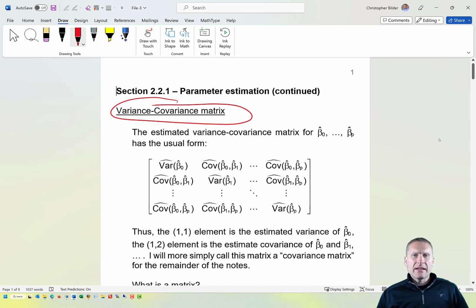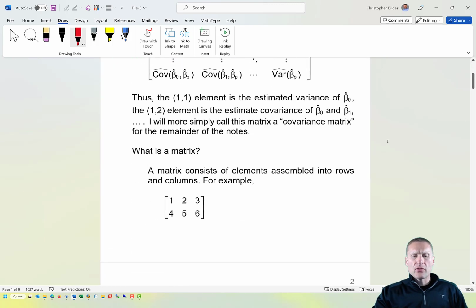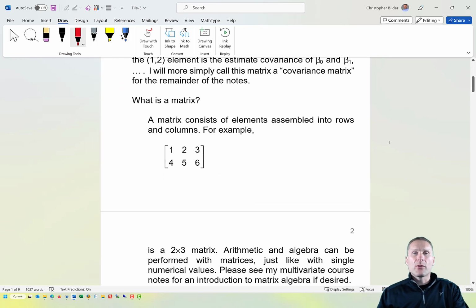Now, we've seen a matrix-like structure inside of R before, but we haven't necessarily looked at matrices in a mathematical context. So just to give you a brief introduction, what is a matrix?